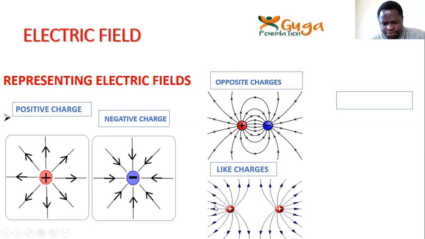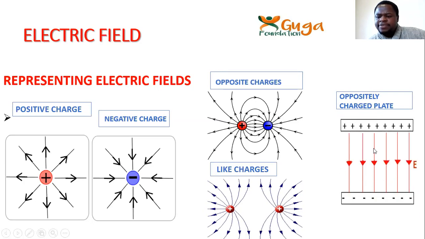So the arrows will be pointing outwards and outwards. It will be diverging. And then now, oppositely charged plates. These field lines here are uniform, right? In other words, they are equally distributed, and they're moving from positive to negative.